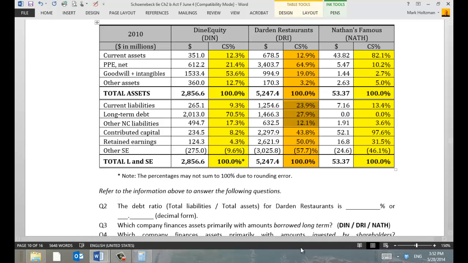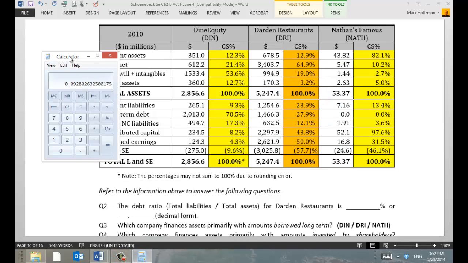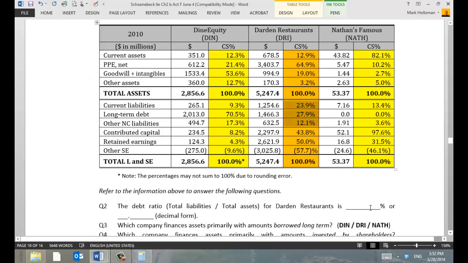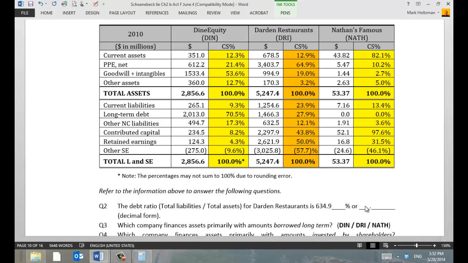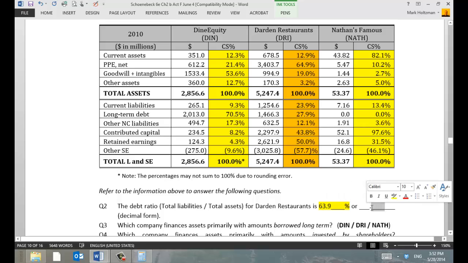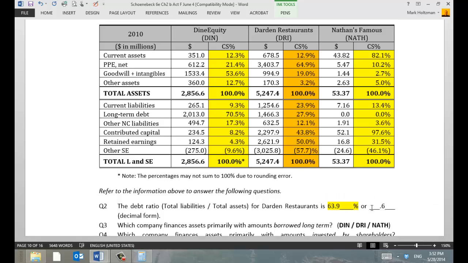So I'll do that right now. 23.9% plus 27.9 plus 12.1 is 63.9%. In decimal form, I shouldn't have to show you this, but I'll show it anyway. That would be 0.639.